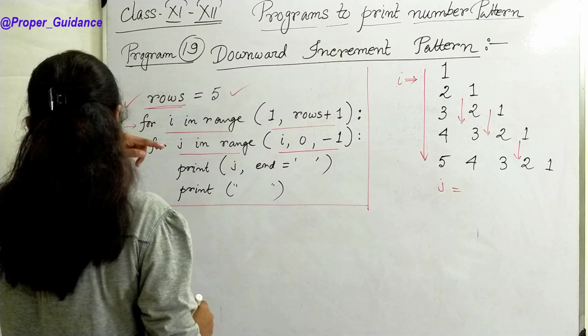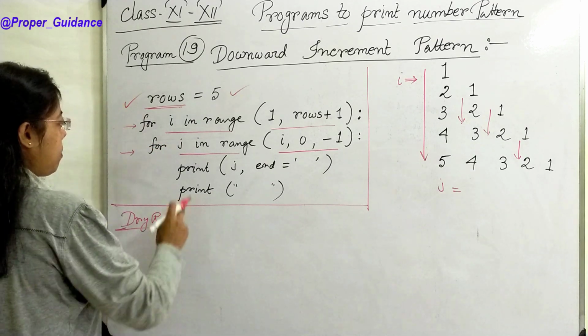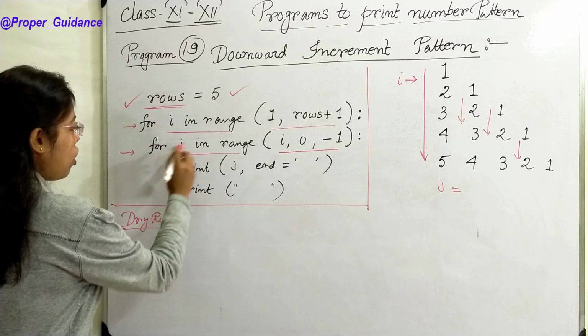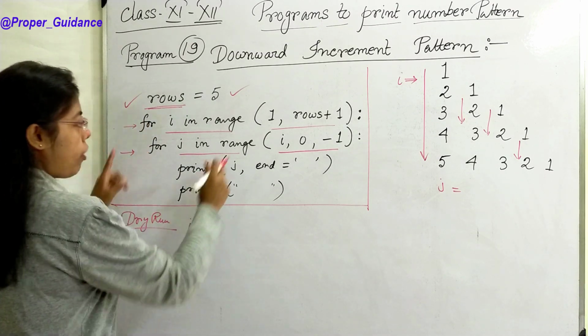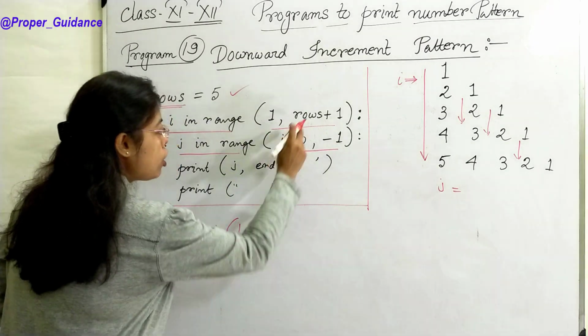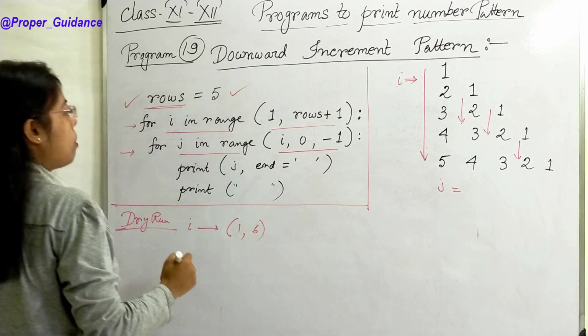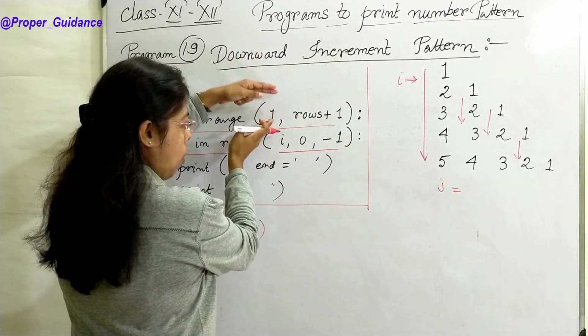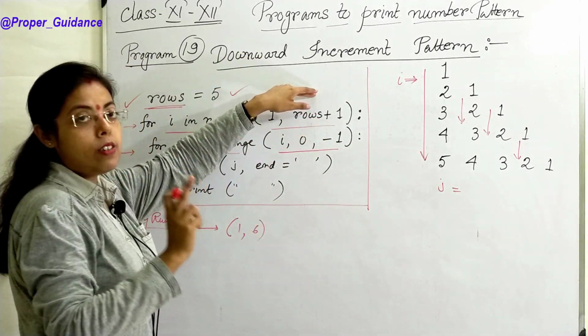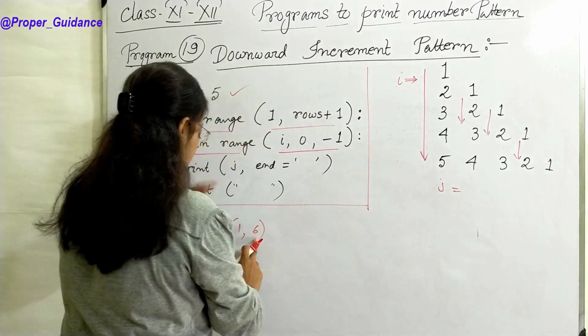Look, first of all, rows equals 5, for I in range this. So what is the range here? I is ranging from 1 to 6, because rows equals 5 and I ranges from 1 to rows plus 1, that is 5 plus 1, which equals 6.